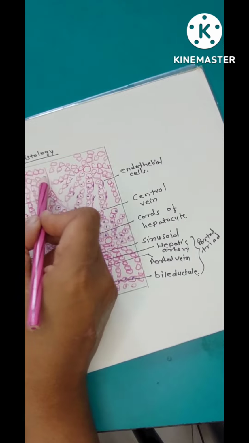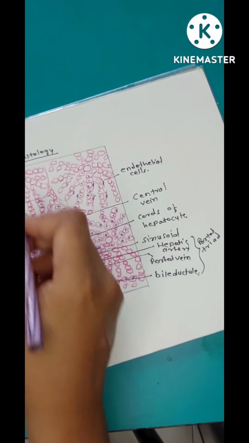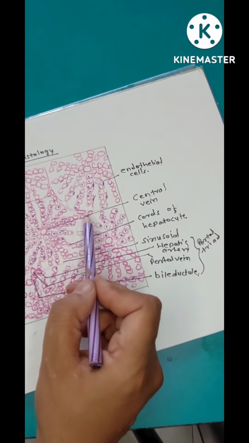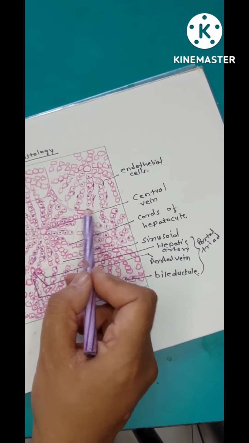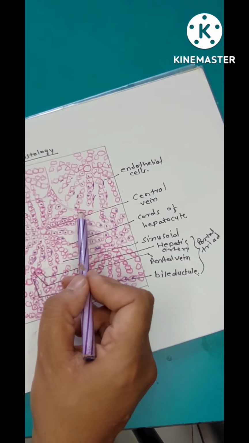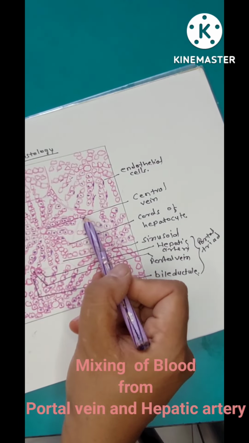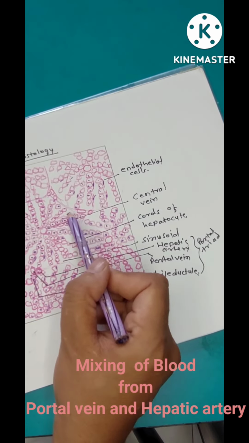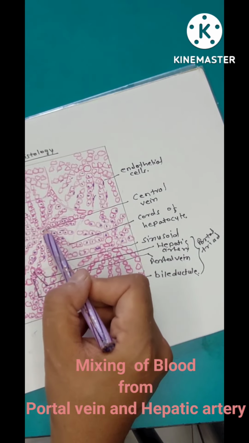Now completing this slide, the direction of blood in the hepatic sinusoid is from this portal vein, or you can say from portal periphery toward the central vein. This is because the branch of this hepatic artery and branch of the portal vein pour the blood inside this hepatic sinusoid and then it runs toward the central vein.